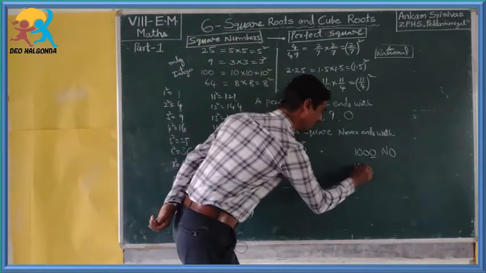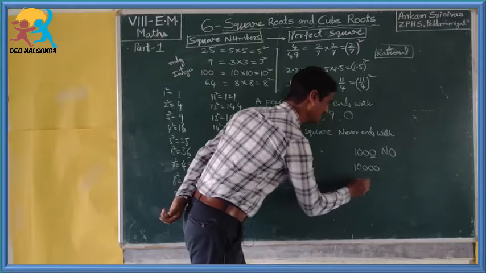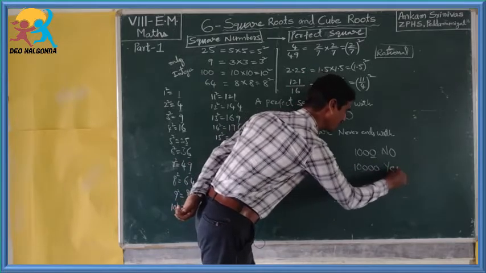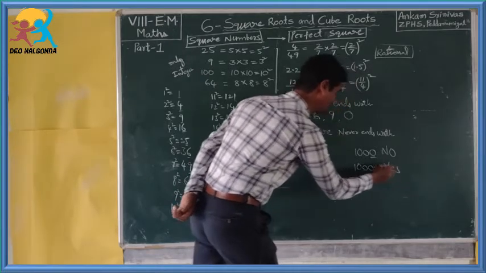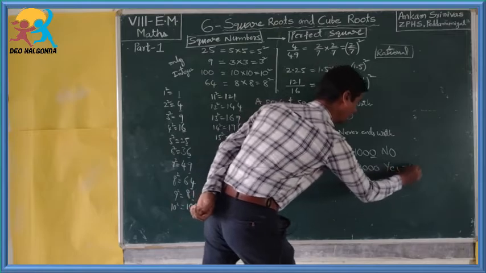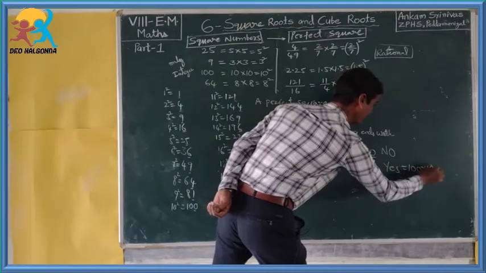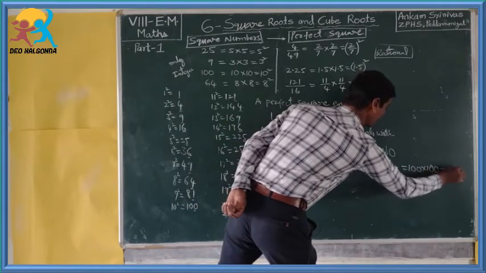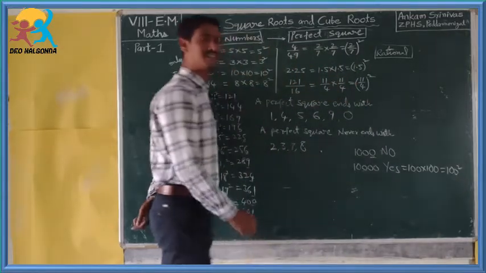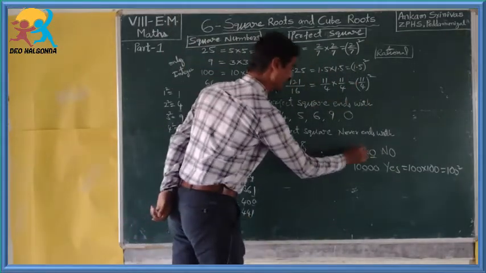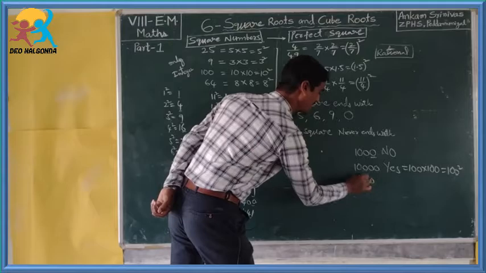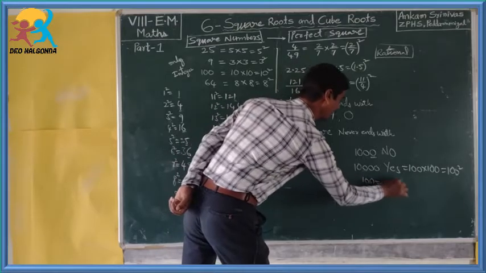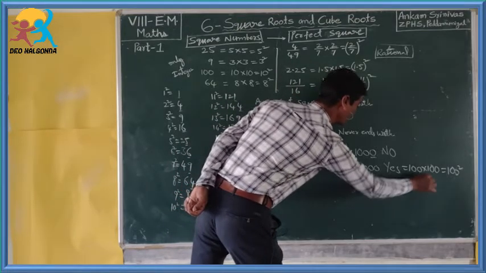Suppose if I take here 10,000, it is a perfect square, because this can be written as 100 into 100, 100 square. Yes or no? Suppose if I take here 100, also yes. We can write here 10 into 10 equal to 10 square.